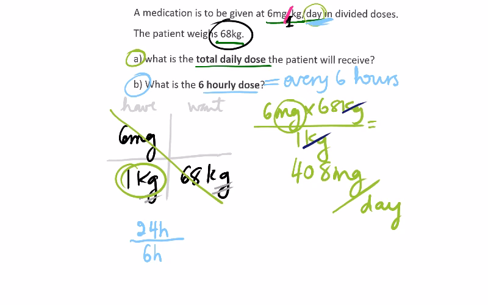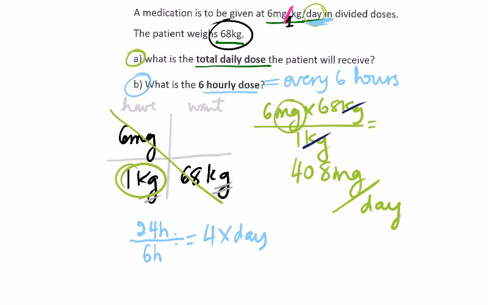So basically all we are doing is dividing the full day into 6-hour lots. And we have exactly 4 of those because 4 6s are 24. So 4 times a day. So 6-hourly will mean 4 times a day.